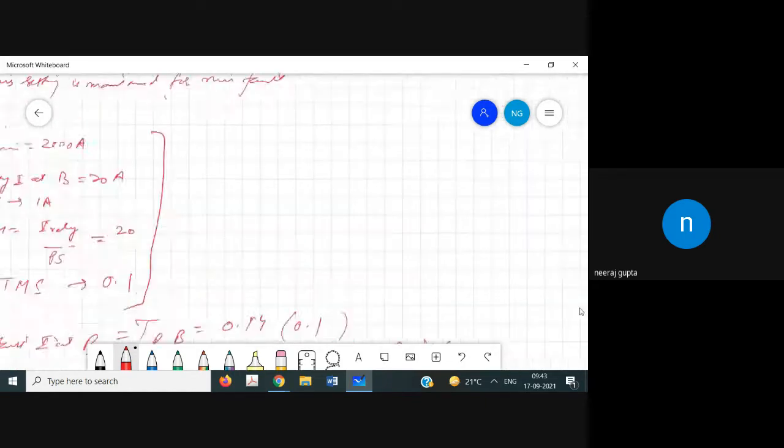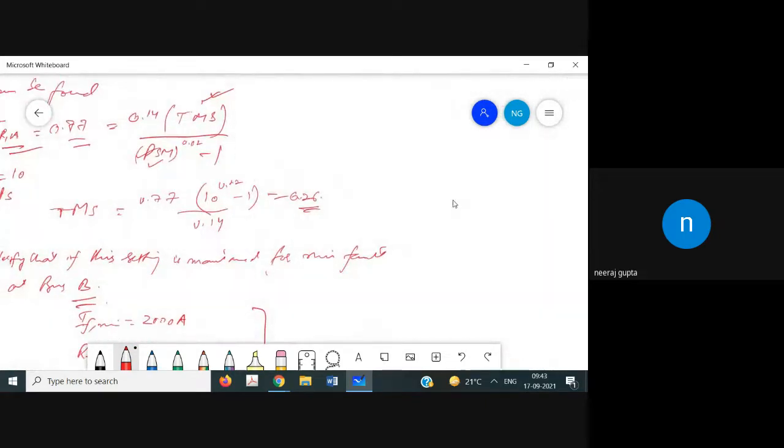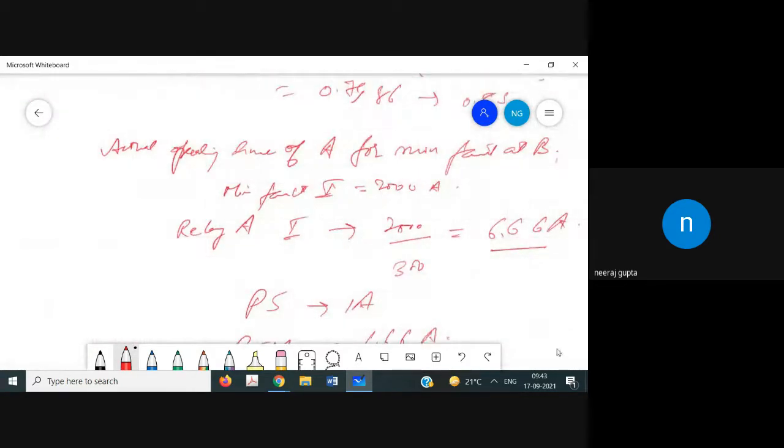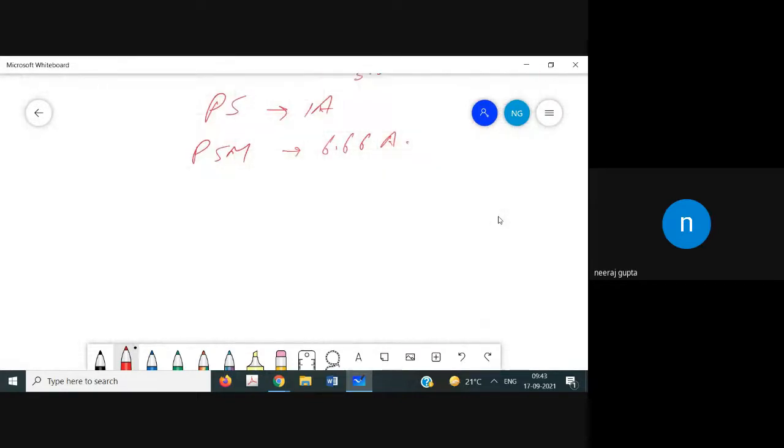The time multiplier setting for relay RA we have calculated as 0.26.